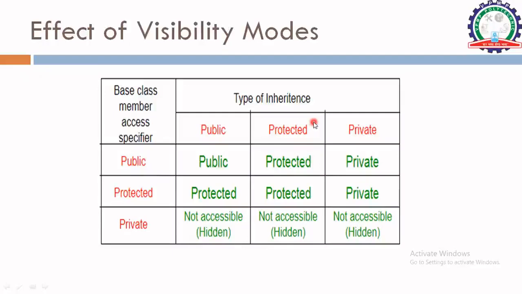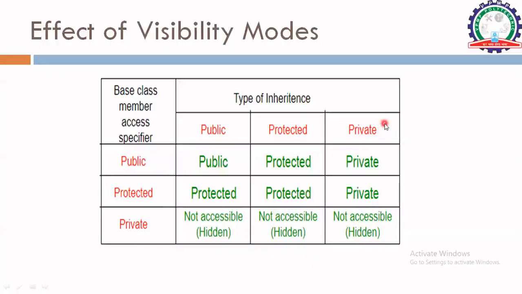If we derive our new class using protected visibility mode from the base class, then the public members of the base class will go to the protected section of the derived class, as well as the protected members of the base class will remain in the protected section of the derived class. Again, private data members or member functions are not accessible in a derived class. So here they will remain hidden.